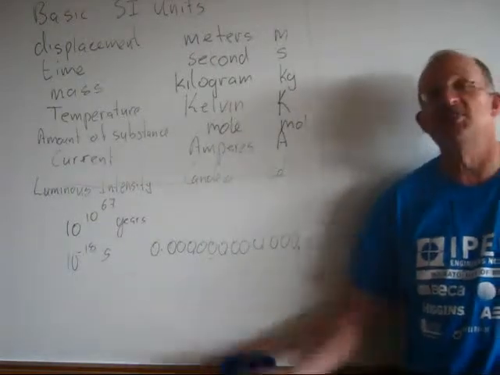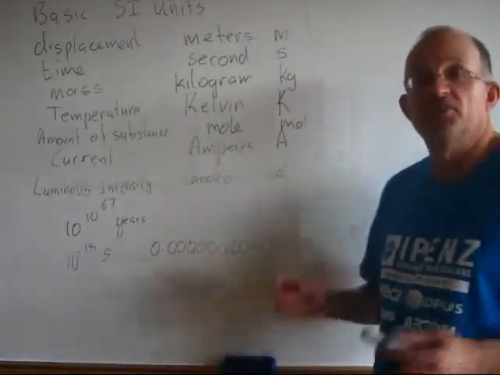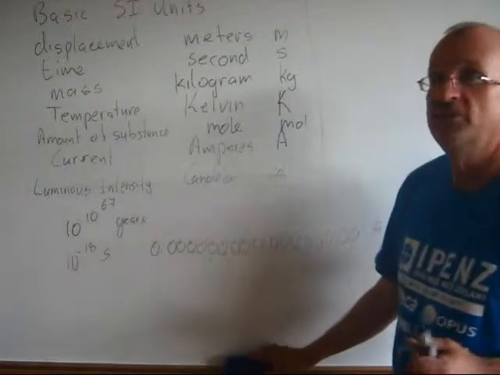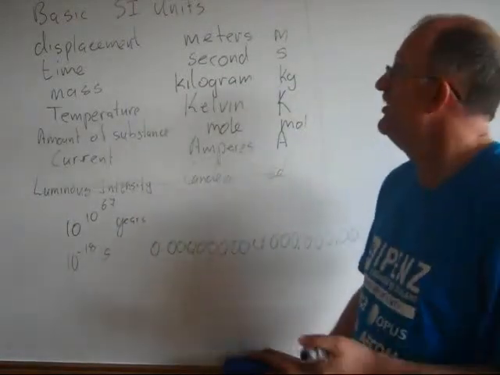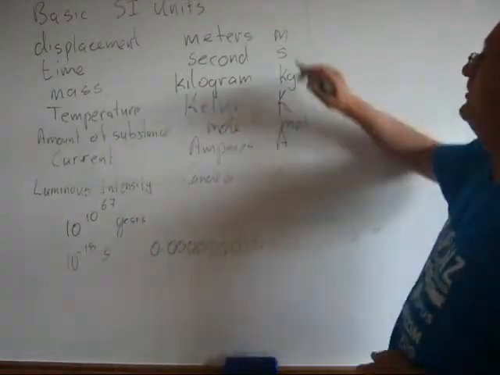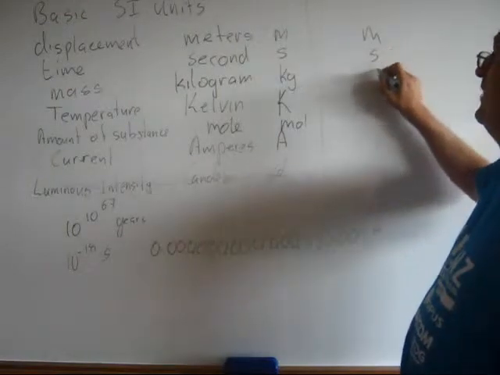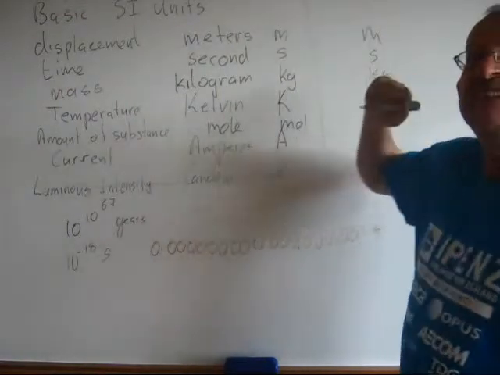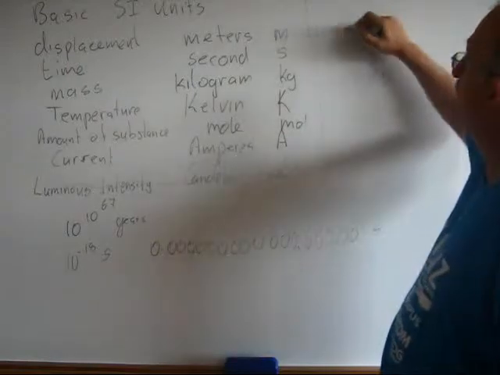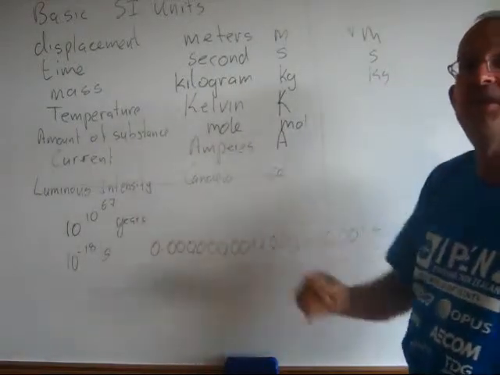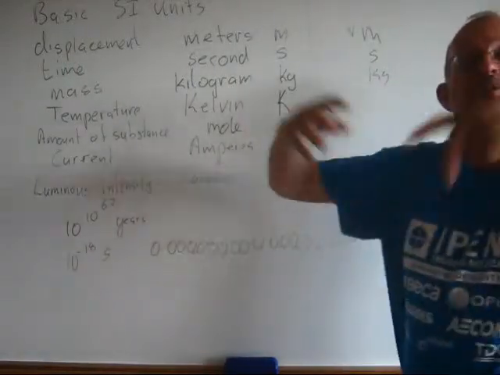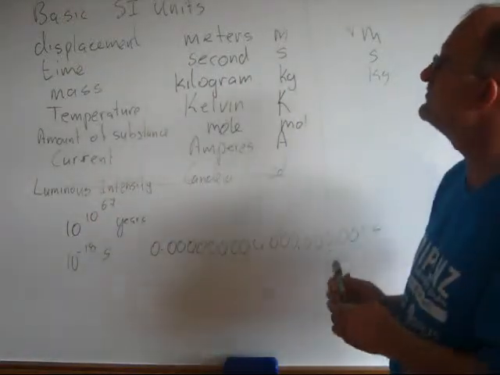I mean, it just gets ridiculous if you're going to write that all the time. And there is an easier way. What we do is we have a system of prefixes. We have our basic unit like an M or an S or a kg, and then we'll put a letter in front of that, and that will modify it, either make the unit bigger or smaller.